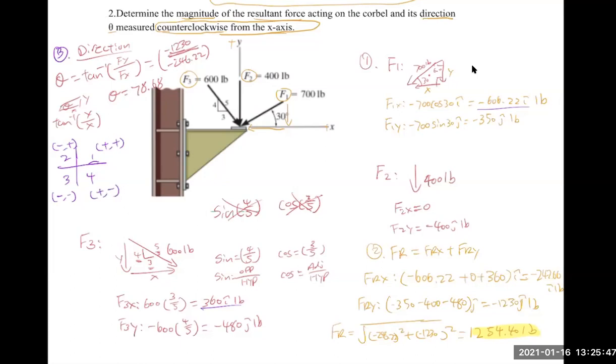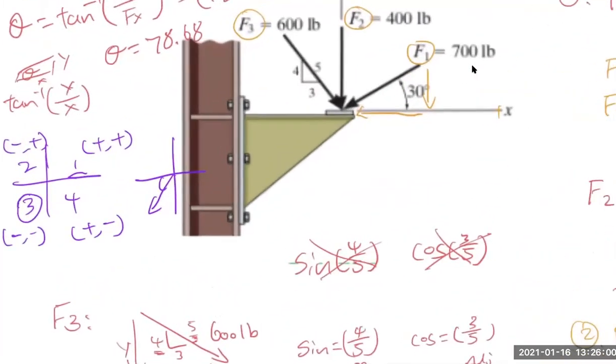If we look at our Fx and Fy, they are both negative, so they're in quadrant 3. So the angle actually looks like this. So this 78.68 is actually just right here.